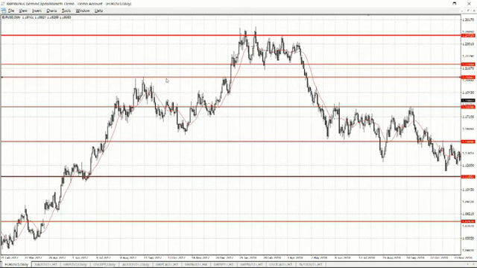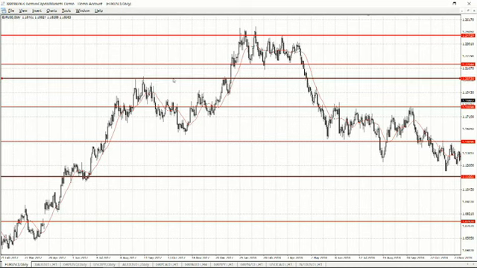Now, you also notice that there is a level here too that has been keeping price above. When the market finally broke below it, price came back, tested it once, twice, and in this process, from here to here, if we check the value in pips, it is around 280 pips.